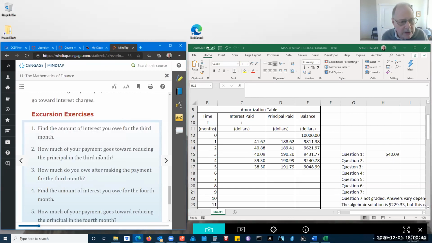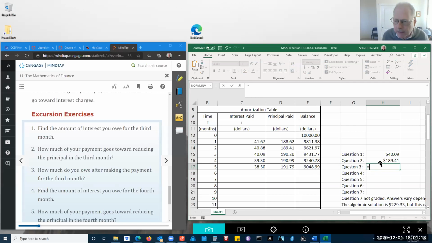And then for question 2, how much of your payment goes to reducing the principal in the third month? $189.41 went to reducing the principal. Question 3, how much do you owe after making the payment? So I come over here.